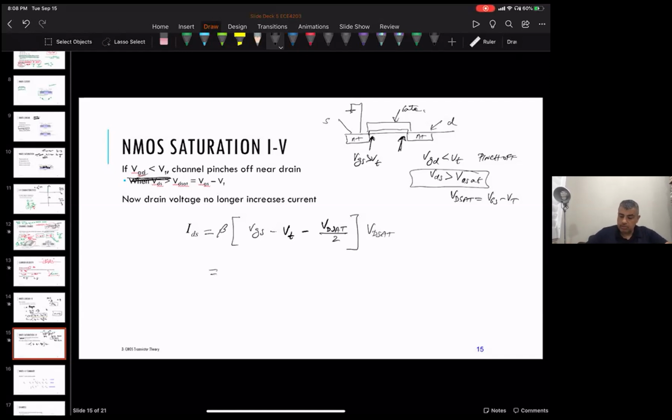Substituting, you end up with beta over 2 times (VGS minus VT) squared.